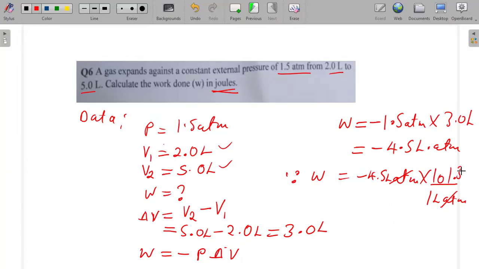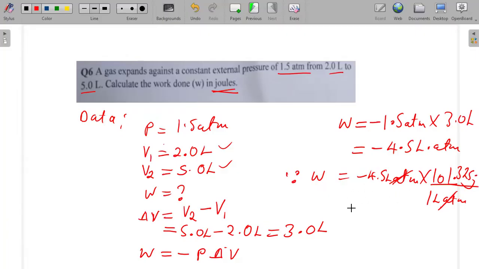So 1 liter atmosphere is giving me 101.325 joules. Okay, so that's the unit conversion factor. I've brought the 1 liter atmosphere down so that it's able to cancel with the liter atmosphere here. So it means that I'm going to remain with my units in joules.